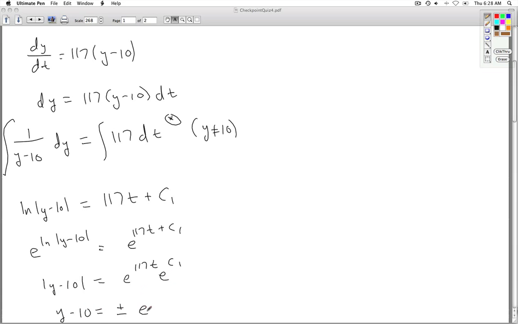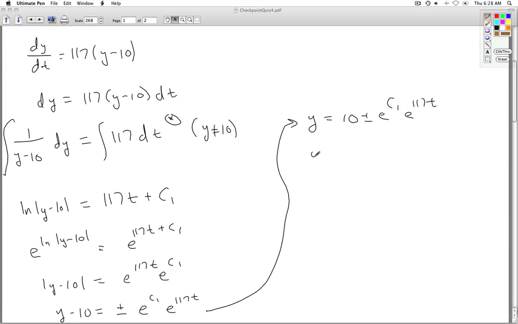I'm going to go ahead and write the e to the c1 first, like so. So to solve for y, I get y equals 10 plus or minus e to the c1 times e to the 11/7 t. And now typically what's done is I replace this plus or minus e to the c1 with another constant, and that's usually the final constant of the problem. So we just call that c.